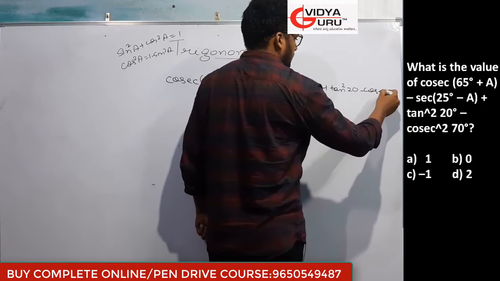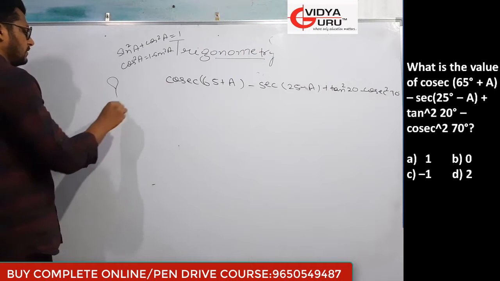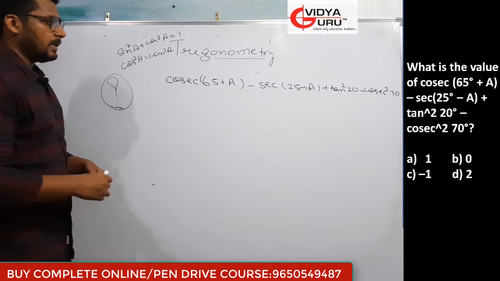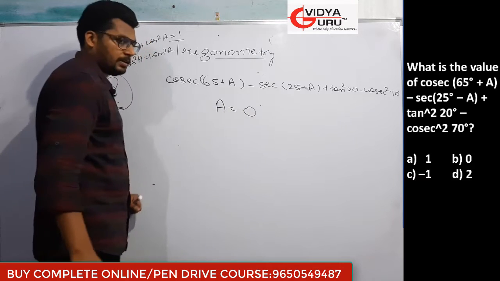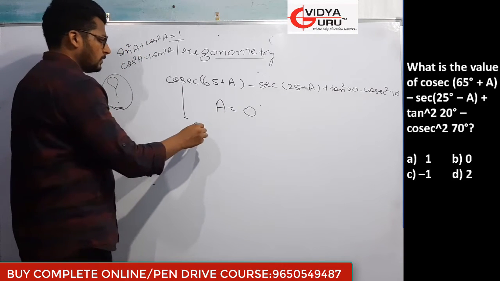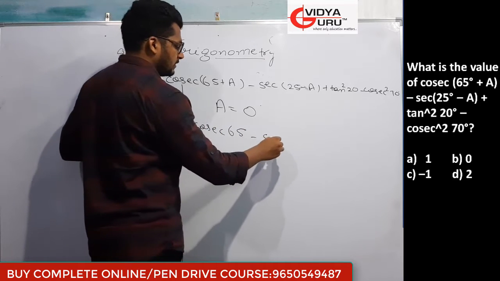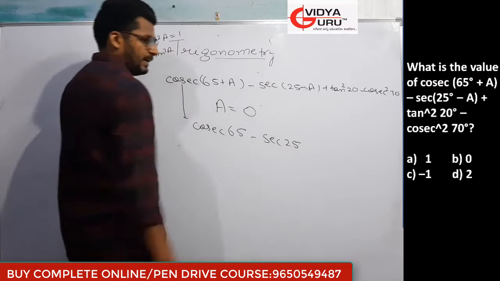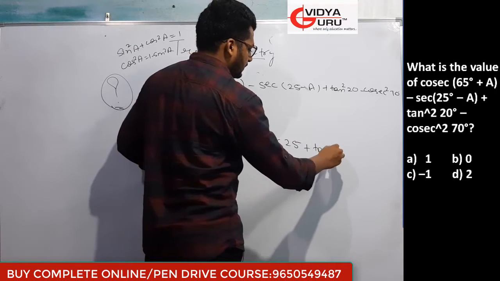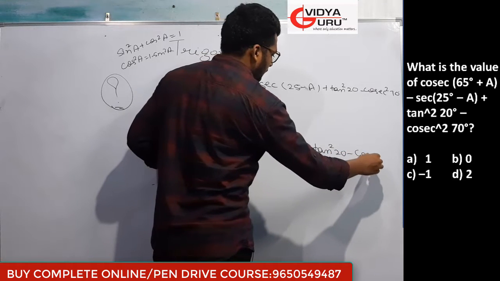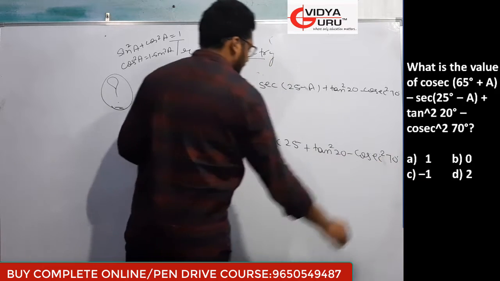This is given and the value of this expression is asked. If I put here a equal to 0 degree, what will it form? Cosec 65 minus sec 25, and this will be tan square 20 minus cosec square 70.